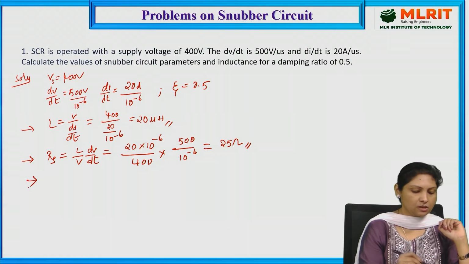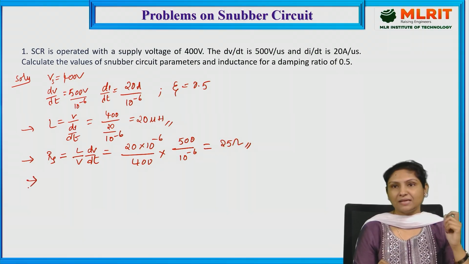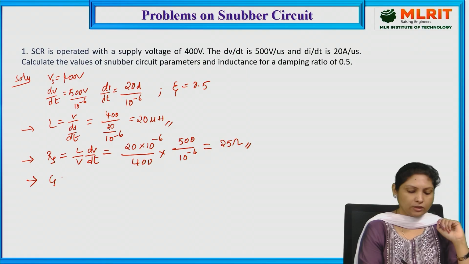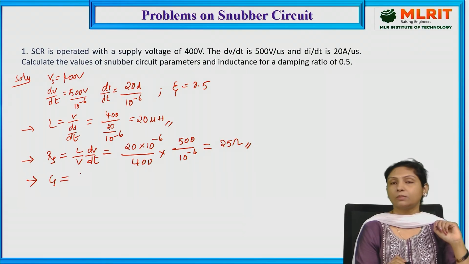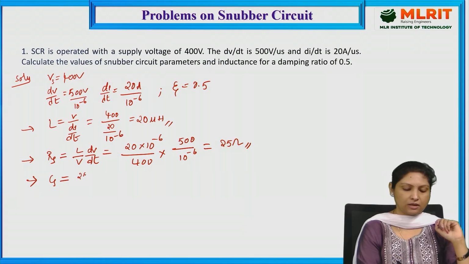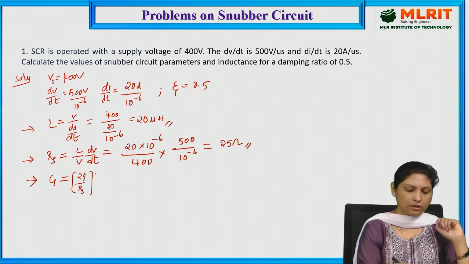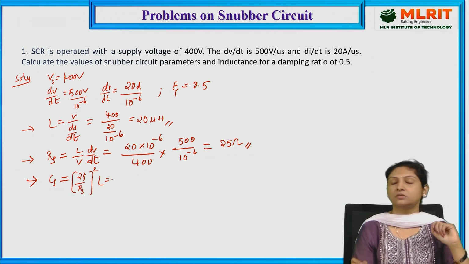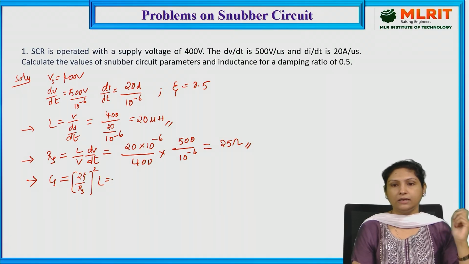Similarly, let us find out the value of the capacitance which is to be connected across the circuit. This is given by the formula (2 zeta by Rs) whole square into L, which is what we got while deriving.